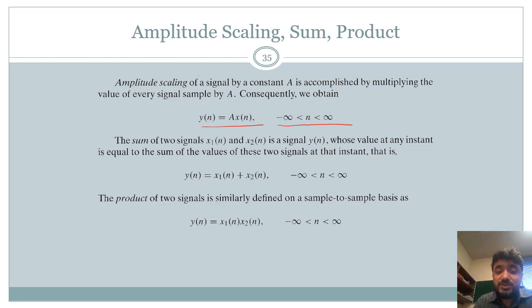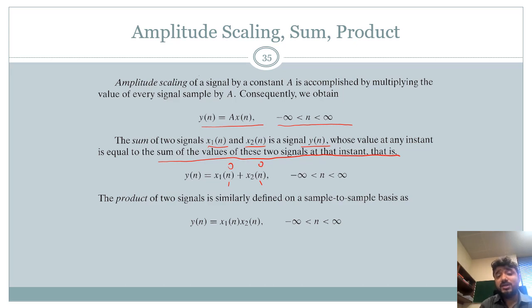The sum of two signals, x1[n] and x2[n], is the signal y[n], whose value at any instant is equal to the sum of the values of the two signals at that instant. So you just add the corresponding values: index 0 with index 0, index 1 with index 1. So x1[0] gets added to x2[0], x1[1] gets added to x2[1], and so on.